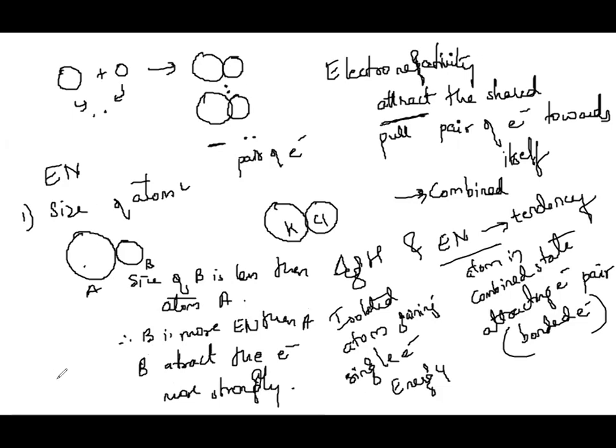The second point is electronic configuration. Small atoms attract electrons more than the larger ones, and therefore they are more electronegative. Secondly, atoms with nearly filled shells. Fluorine is 1s2, 2s2, 2p5, so this has 7 electrons.